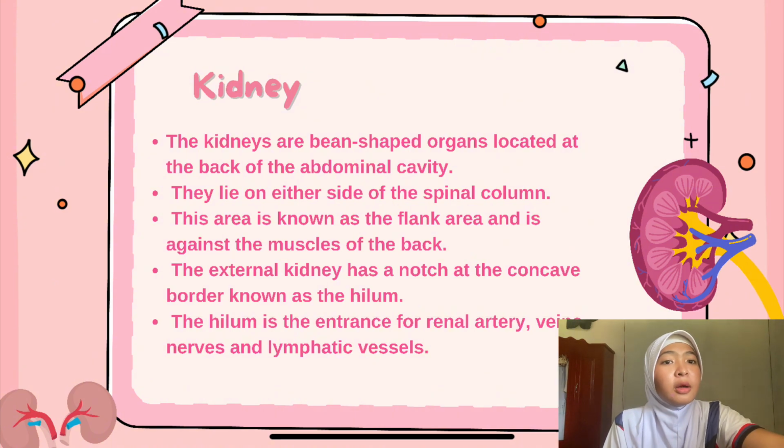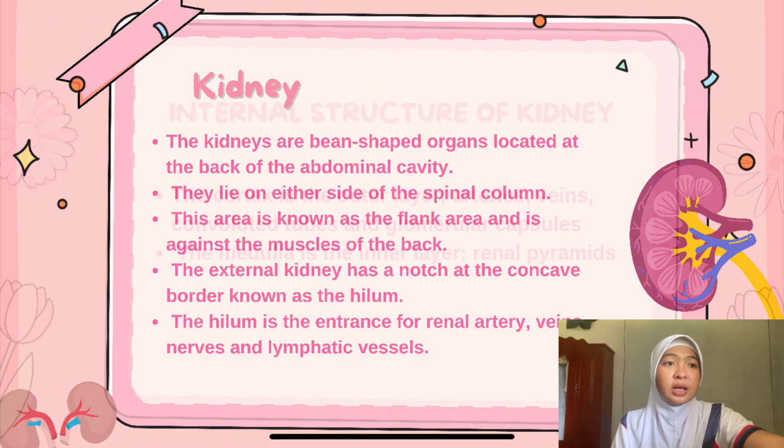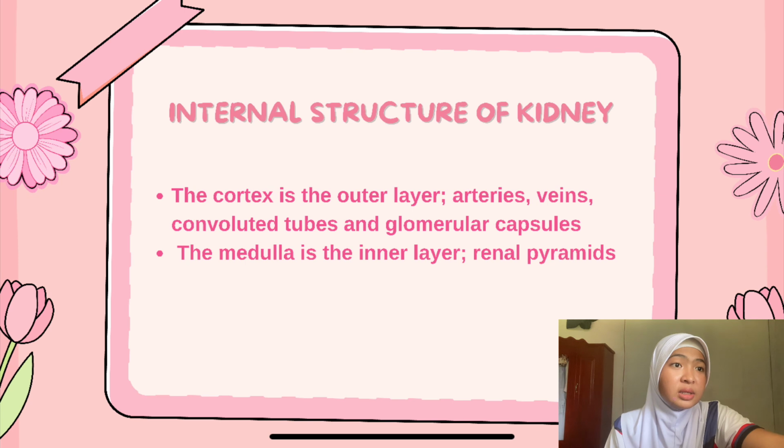So, merong internal structure ang kidney natin. We have the cortex, the outer layer of the arteries, veins, and convoluted tubes and glomerular capsules. The second is the medulla, the inner layer. So, merong doon, renal pyramid.